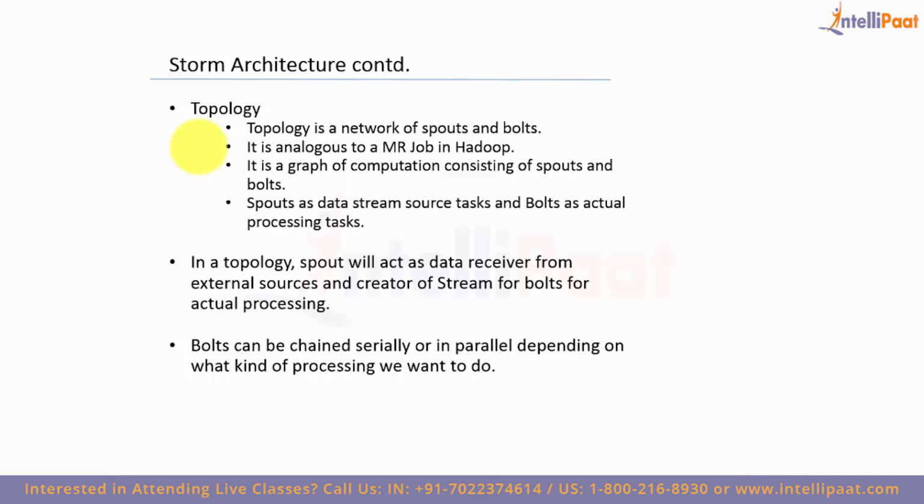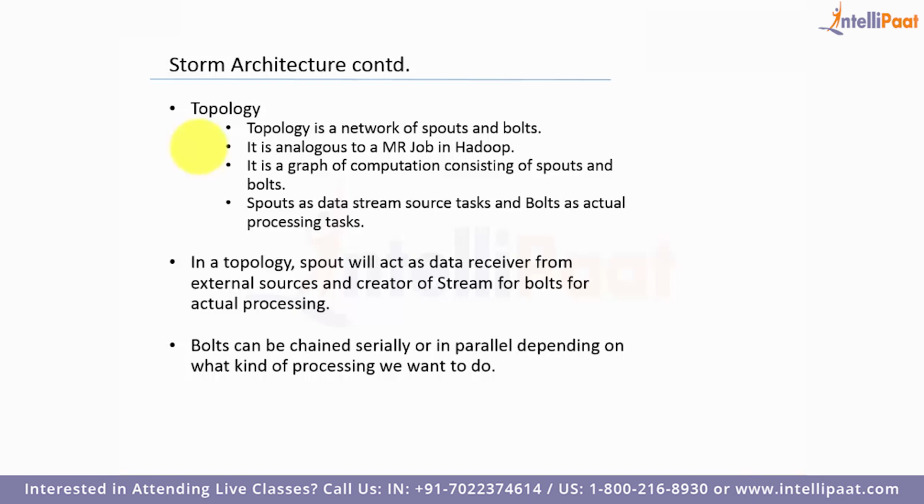The bolts can be chained serially or in parallel depending on what kind of processing we want to do. The analogy that I developed in the previous example was something similar to a chain reducer. If I receive some data from a spout, it will be processed by bolt number 1.